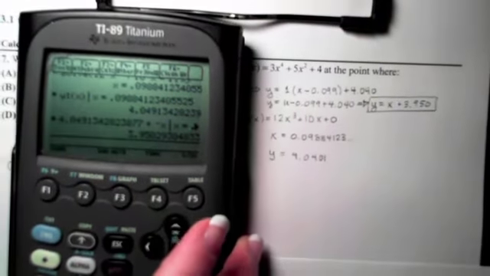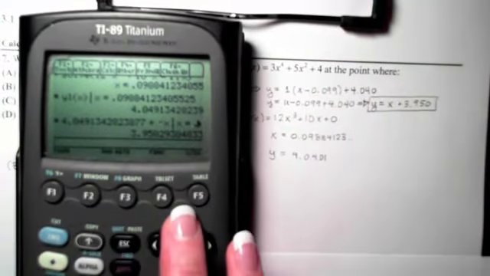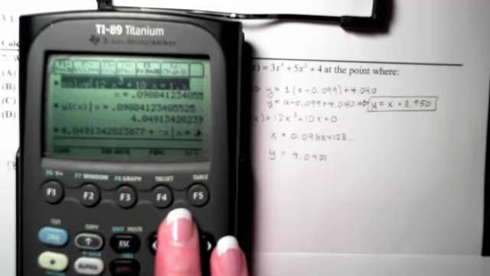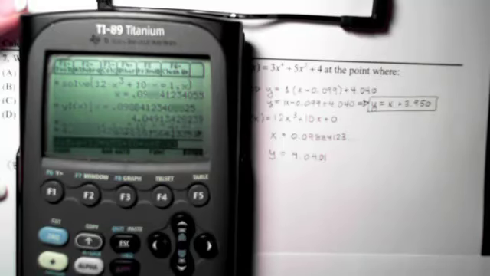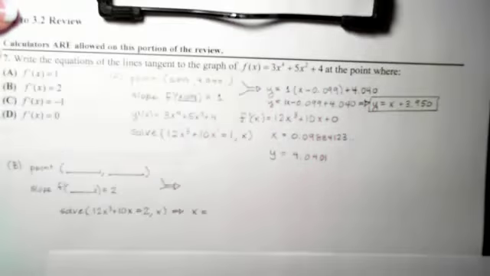So again, I've got my solve. If I arrow up here, we can find that old solve equation that I used in part A. So I'm going to do this exact same thing, except I'm going to backtrack and make that a solve when x equals 2. I'll hit enter. There's my x-coordinate, 0.19156.